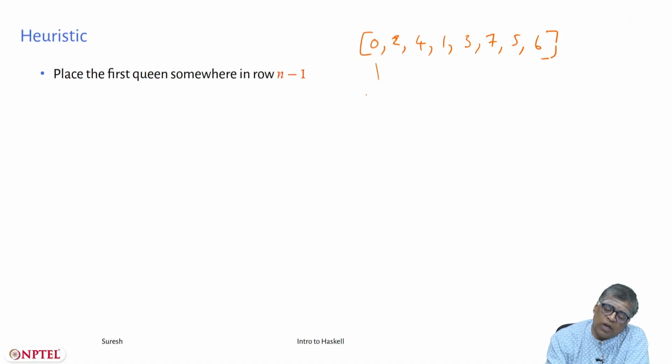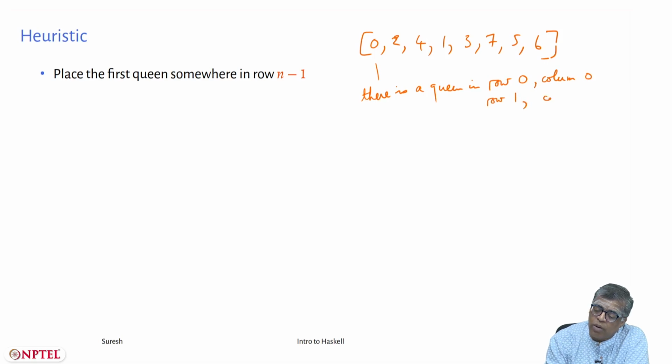This means that there is a queen in row 0, column 0, and row 1, column 2. Remember, we are counting numbers from 0, not 1.